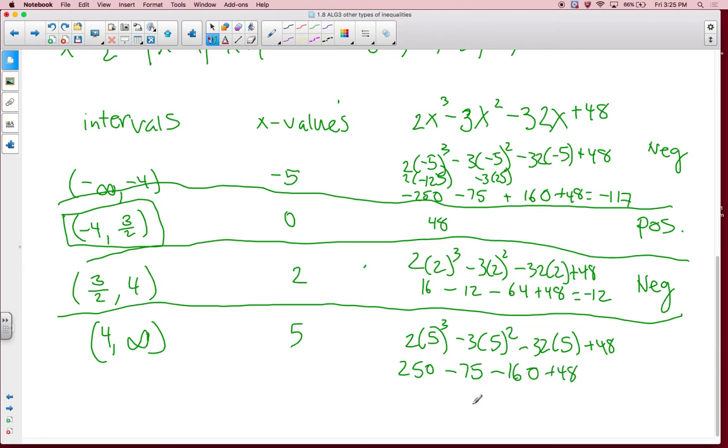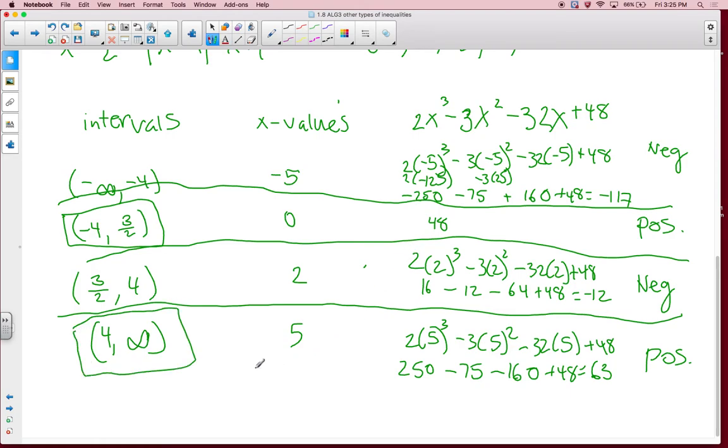That will be a positive number. I think that's 63. Let me check. 250 minus 75, minus 160, plus 48, 63. It's always good to check though. That's a positive number. So that will be another one that will be part of our interval.